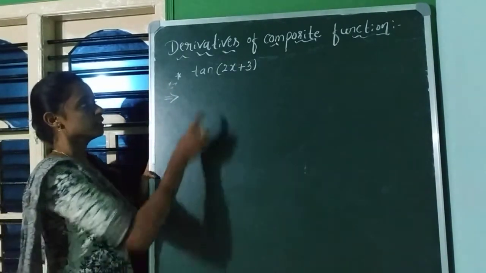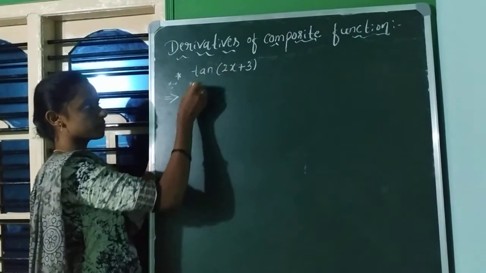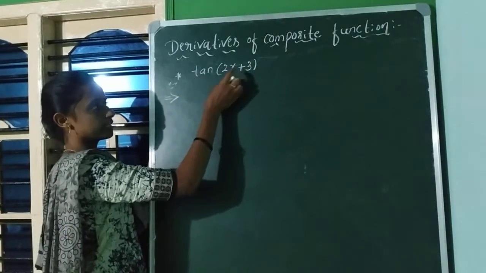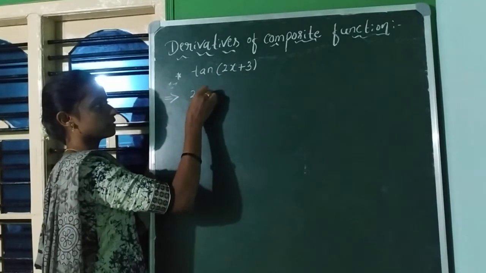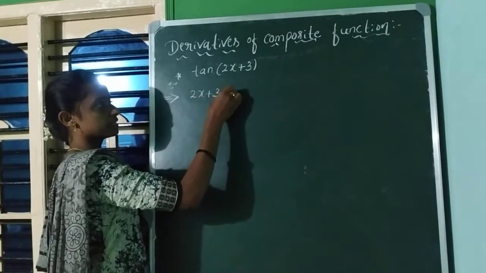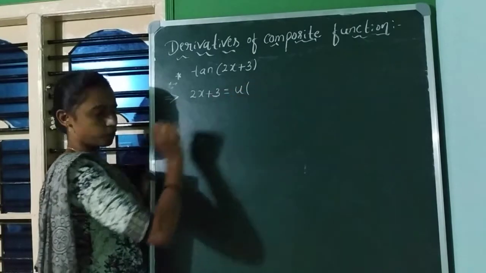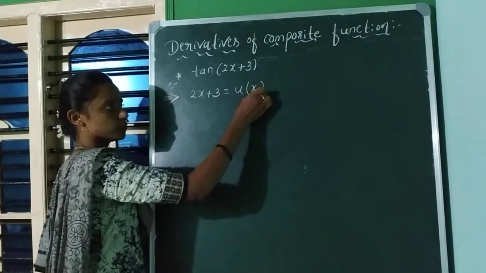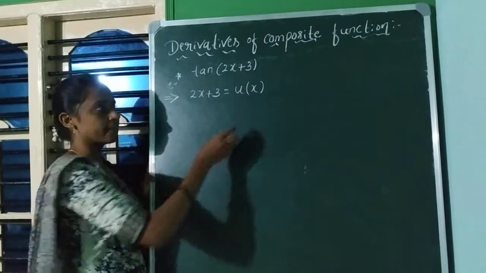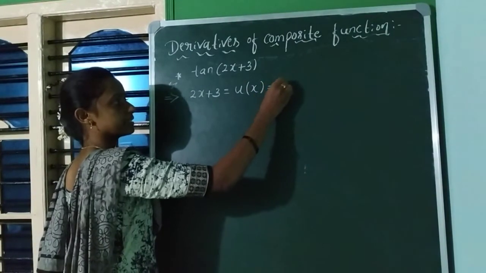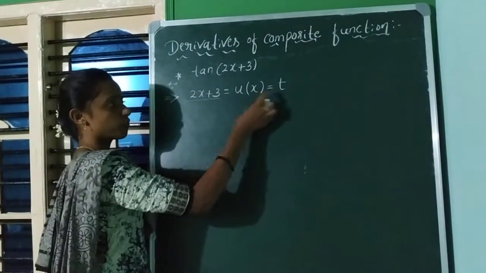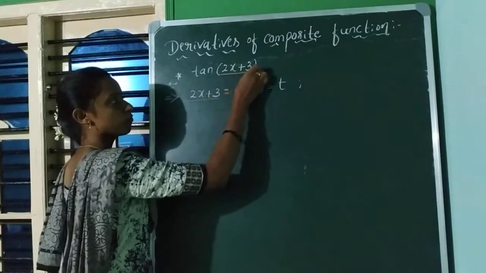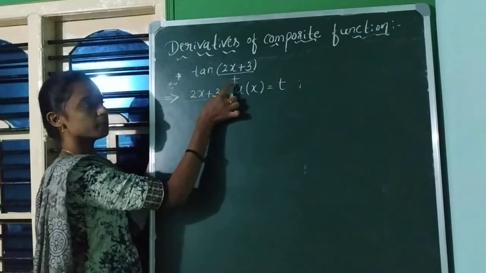So first I'll take 2x plus 3 as u, and since it is with the variable x, this is u of x. Now I'll take this whole function as t. If this whole function is t, then this will be tan t.